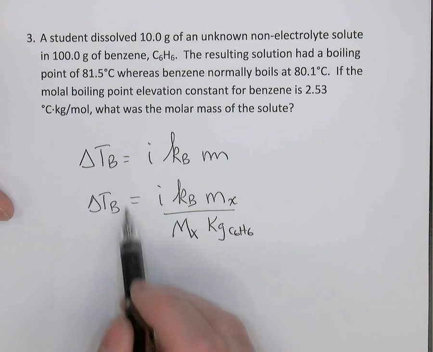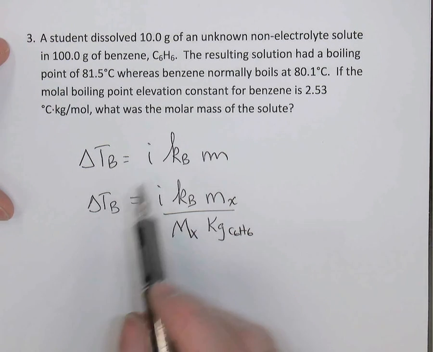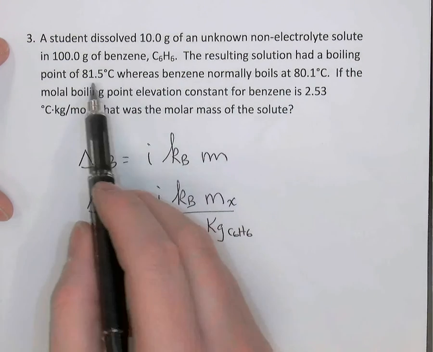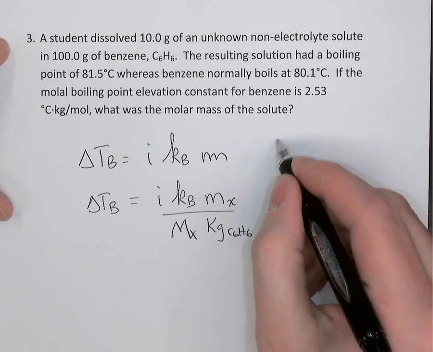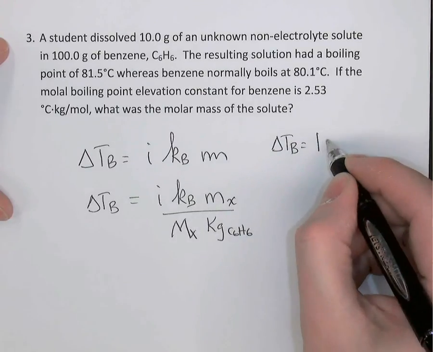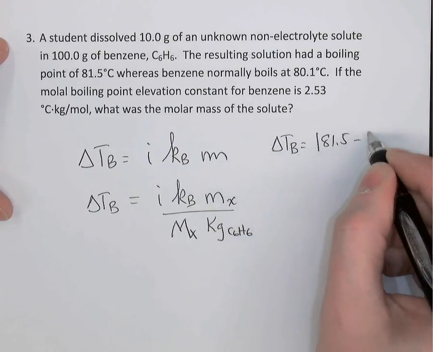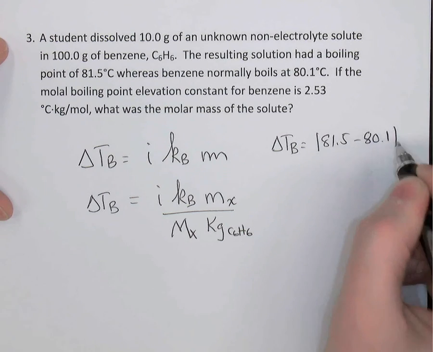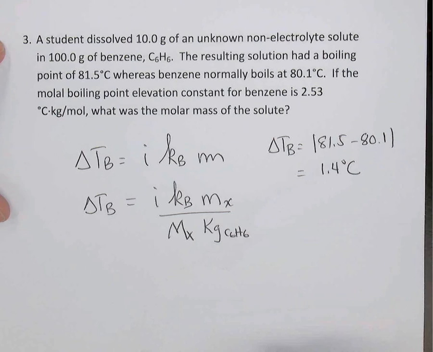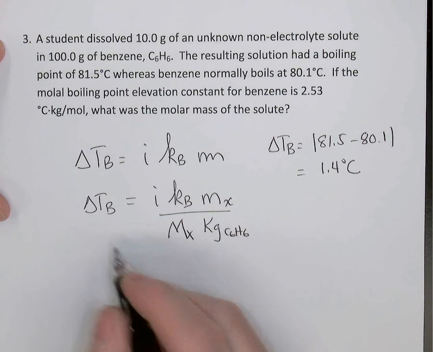Now, do we know the change in boiling point? Well, we look and we notice that benzene normally boils at 80.1, but our solution boiled at 81.5, so delta TB is the absolute value of that difference, 81.5 minus 80.1. So it's going to be a difference of 1.4 degrees Celsius. So delta TB is 1.4.